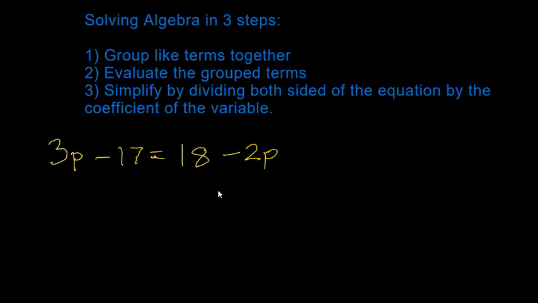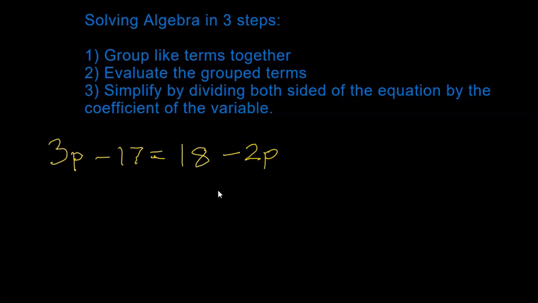And then the very first step says group like terms together. What are the like terms? I mentioned in my previous video that each of these is called a term of the expression or equation. So this is a term, that is a term, and that's another term.